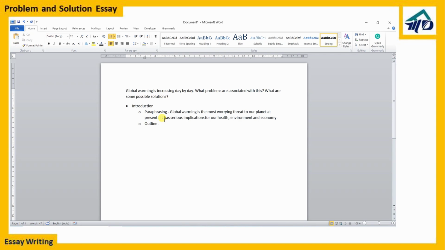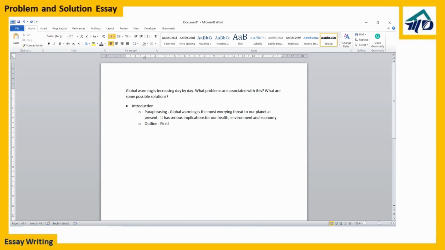This was a simple statement. Now, if you remember what problem I discussed in the brainstorming part, sea level rise, I can mention that also.